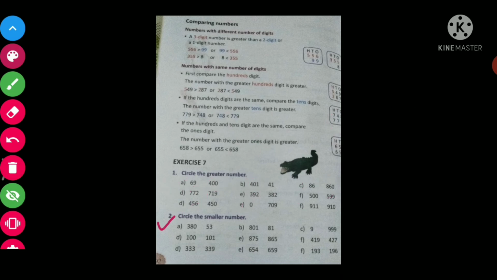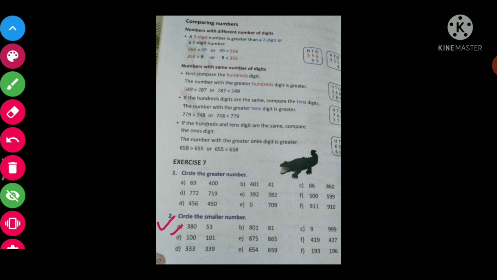Now see the second question. Circle the smaller number. Here you have to circle the smaller one. See the first one. Which one will be the smaller one? If we see the first rule, if we compare the digits, the number having fewer digits, that number will be the smaller one.